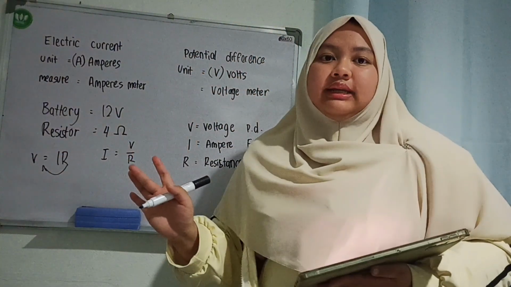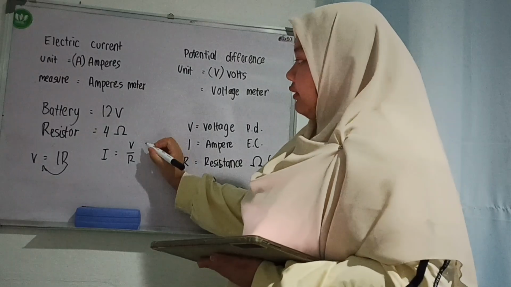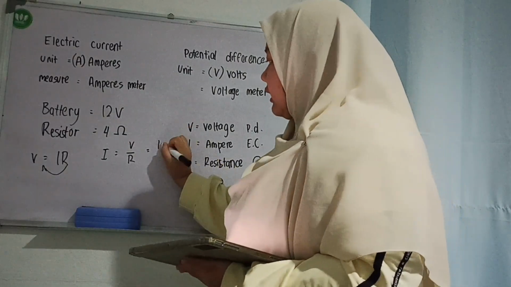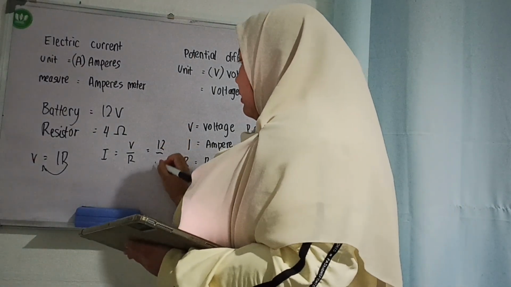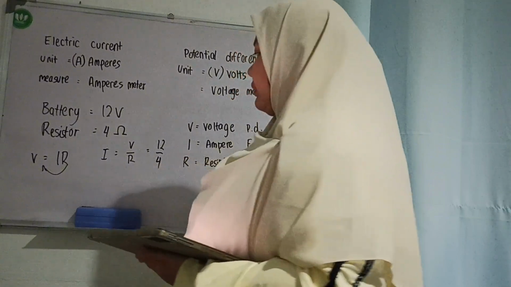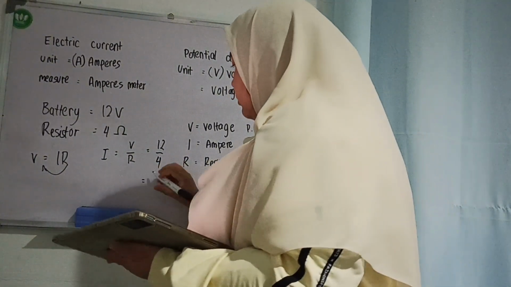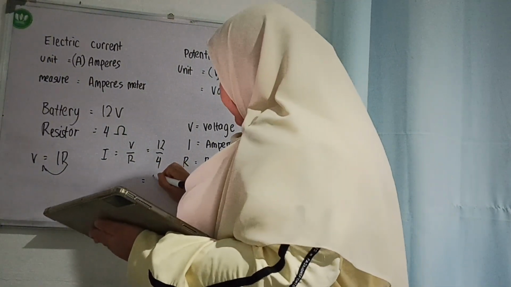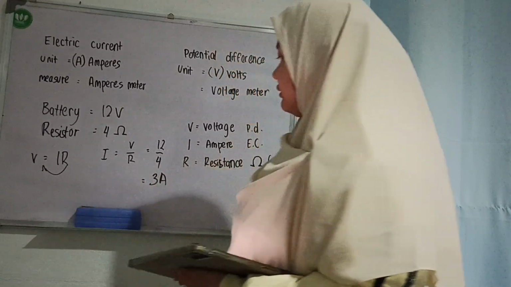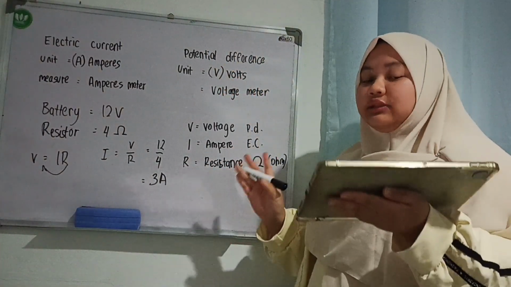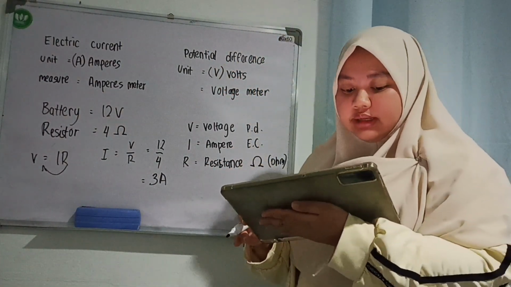Now we can calculate the current. V is 12 and the resistor is 4, equal to 3 ampere. So the current is 3 ampere. It's very simple.